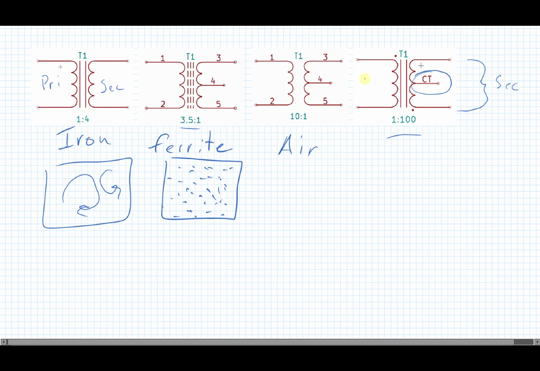As voltage is induced from the primary into the secondary, we could measure from A pin to B pin and see the entire secondary voltage, but now that center tap is just in the middle of that winding. We have another lead that connects to the center, so now we have two secondaries.